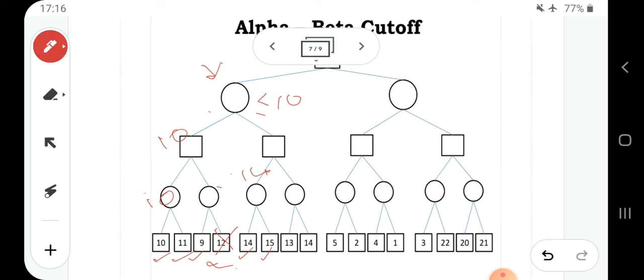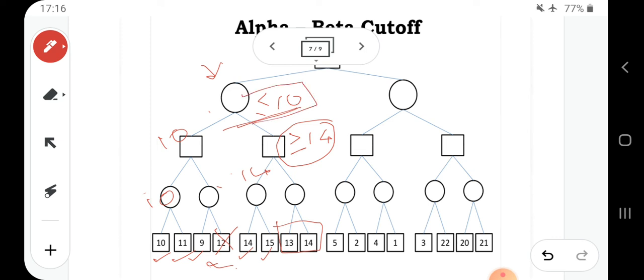Since 14 becomes the final value, this maximizing node instantaneously says it can confirm some value greater than equal to 14. Now see, the higher level has already confirmed 10 or less. Within that, it is saying 14 or higher. So now it is meaningless to check this portion for this particular node.